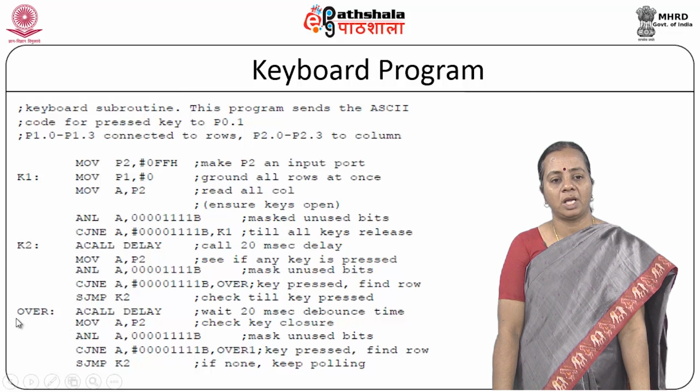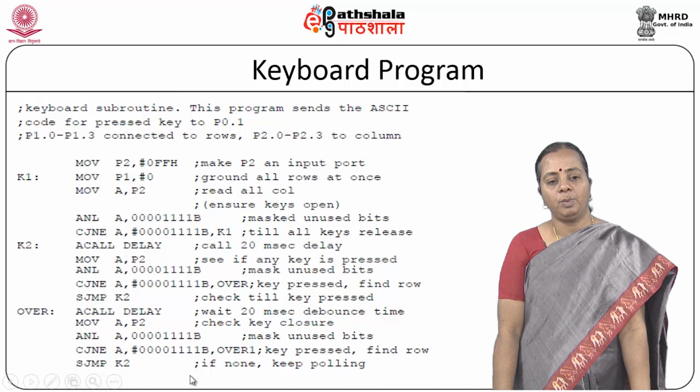If a key is pressed, I come to this routine, where first I call the delay to give a debounce time for the key press. So I make a 20 millisecond delay so that the key press settles. Then whatever data we read at port 2 is moved to A, and the A content is ANDed with 00001111B. Now CJNE #00001111B, again I am checking whether anything is pressed.